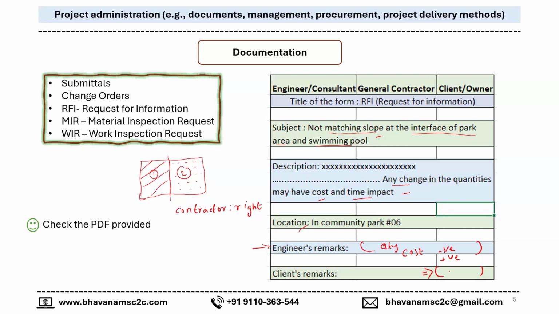Coming to change order, it is almost the same. The difference between change order and RFI is that RFI originates from the contractor. If a contractor observes some discrepancy or change at the site, he raises an RFI. Whereas a change order comes directly from the client. For example, as an owner, I decide to construct a swimming pool in my backyard.